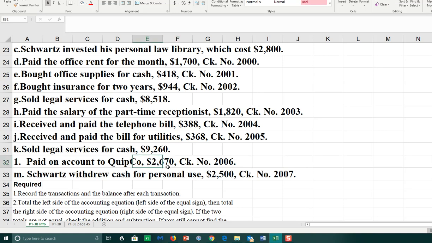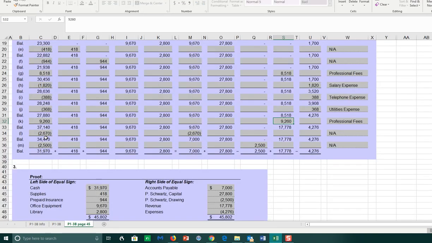So we're going to show that the business paid cash or reduced its cash by $2,670, and that the money was used to apply to an account for which they owe a balance. And so we show in our records that our cash went down by $2,670, and that the liability, the debt that we had, decreased by $2,670. So before we owed a total of $9,670, and with that payment our total debt is now at $7,000.